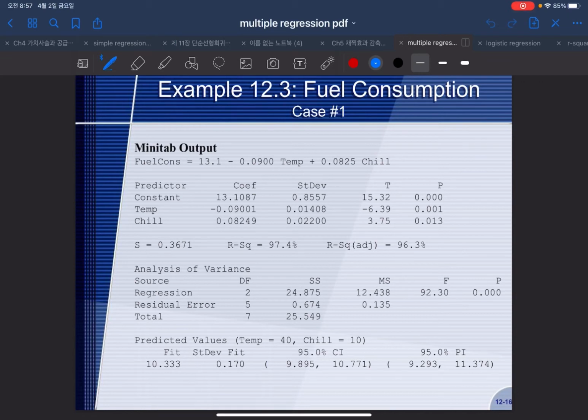Minitab is another statistical package, right? Minitab is used in many companies, but at the universities we use SPSS, right? So even though this one has the same numbers, let's try to use the SPSS output, right?